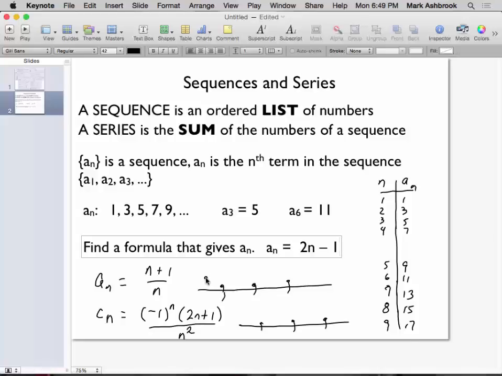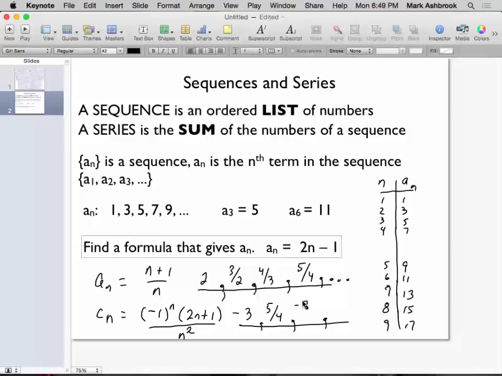Okay, first one, did you get the first one? 2, right? 3 halves? 4 thirds? 5 fourths? Dot, dot, dot. Okay, this one? Negative 3 is the first one? Then 5 fourths?